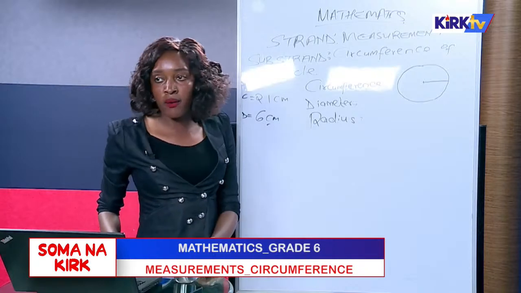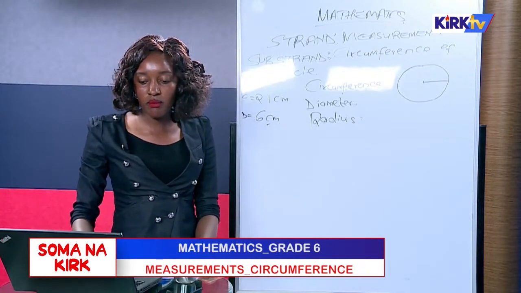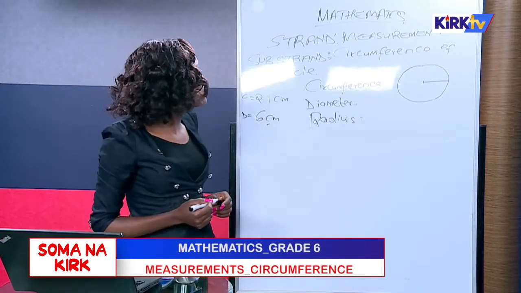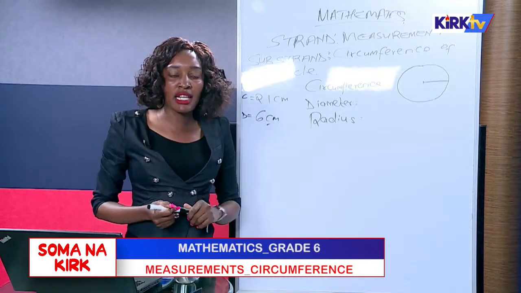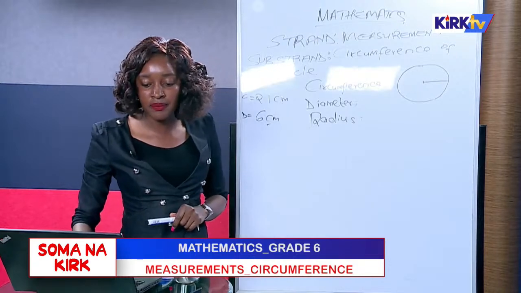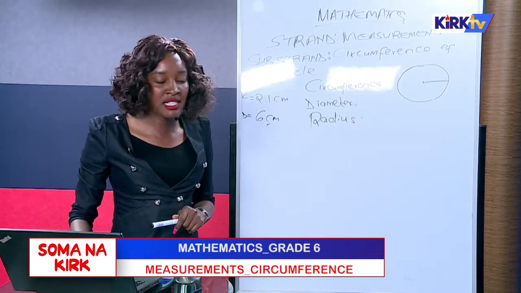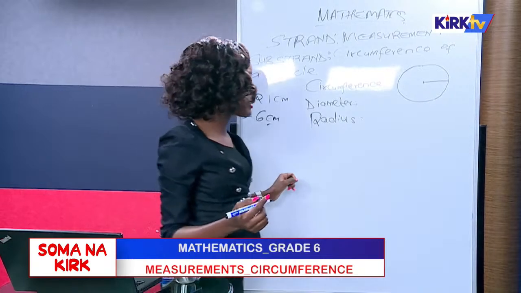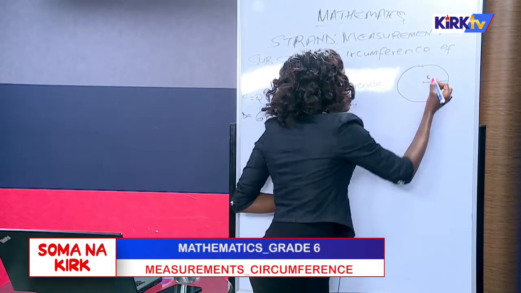And now, as we continue, we are going to look at how we can calculate the circumference of a circle. Having that, we've known what is radius. This one is the radius.